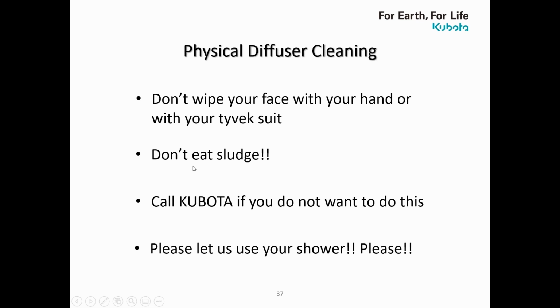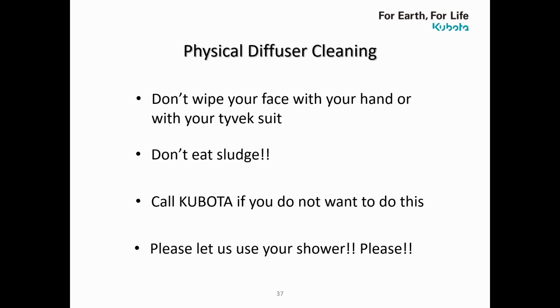We'll try not to eat the sludge, but if you need to go through this, it's more for an emergency case. Most plants don't go through this. Maybe every 5 years they have to do this. It's a wastewater treatment plant.